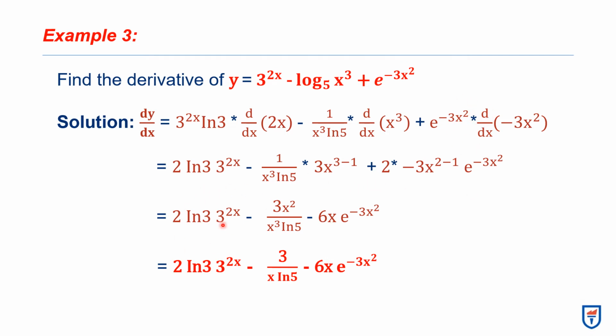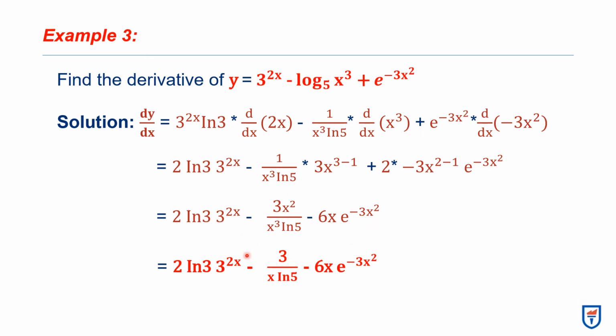So our answer is going to be reduced to 2 ln 3 times 3 to the power 2x, minus our derivative multiplied by 1 over x cubed ln 5, which is 3x squared divided by x cubed ln 5, minus, when we multiply the third term, 2 times minus 3x to the power 2 minus 1 times our exponent expression, we're going to get minus 6x times the exponent minus 3x squared.